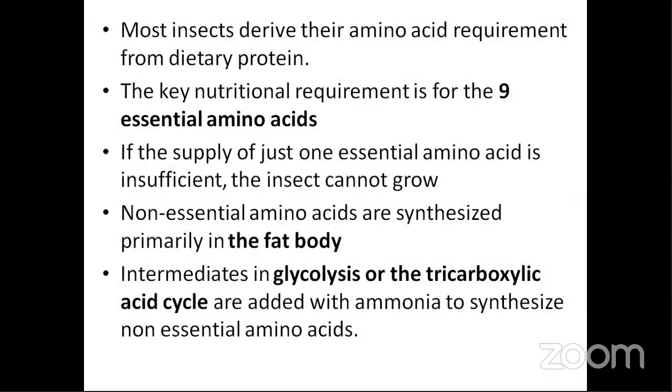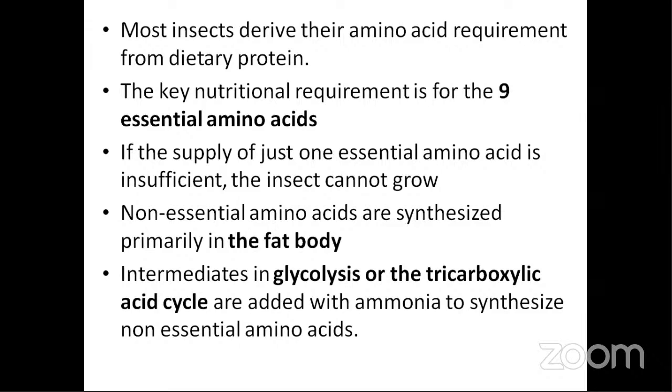Usually the amino acid supply for most insects is met through dietary proteins. There are 9 essential amino acids required by insects for nutritional purposes. Even if there is a block or insufficiency in even one of these 9 amino acids, the insect can't grow properly and malformation will happen.